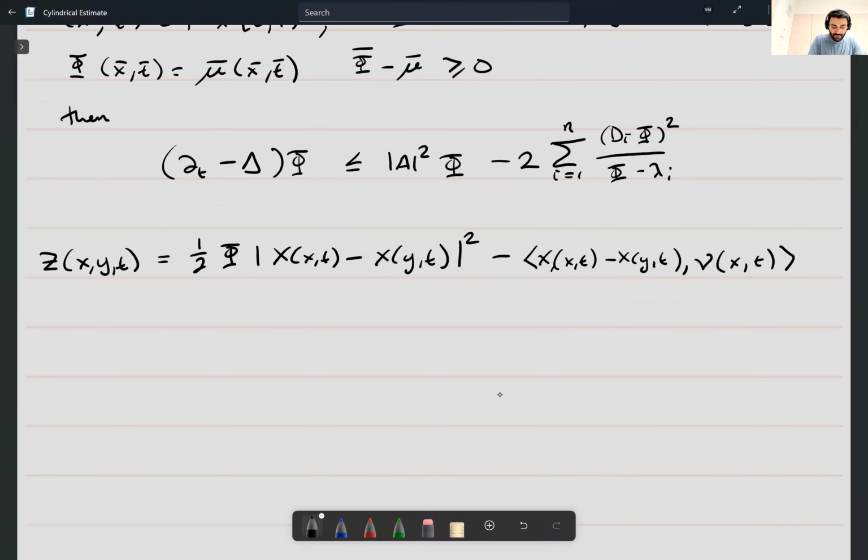And now compute the time derivative of z and compute all these quantities in normal coordinates.